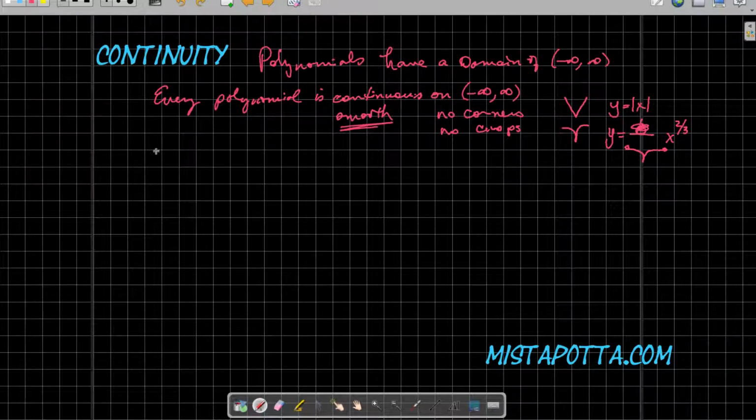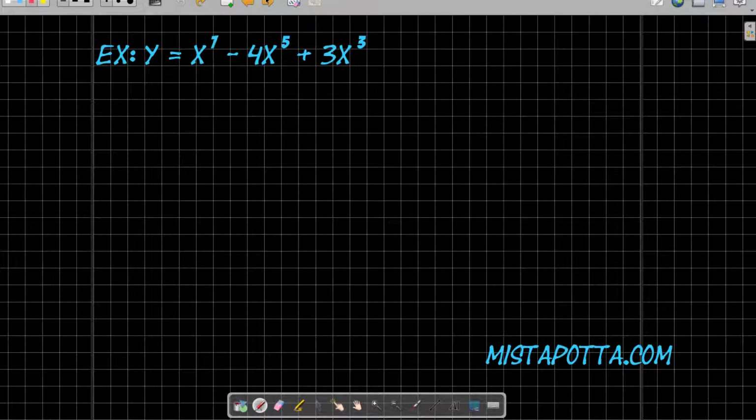So let's take a look at an example of y equals x to the 7th minus 4x to the 5th plus 3x cubed. Here it is already written out. I can factor this out because I notice that I have an x cubed factor in common with all of these. That's going to leave me with x to the 4th minus 4x squared plus 3.